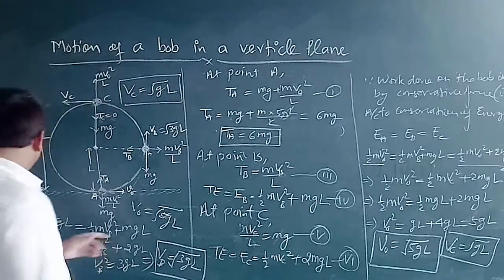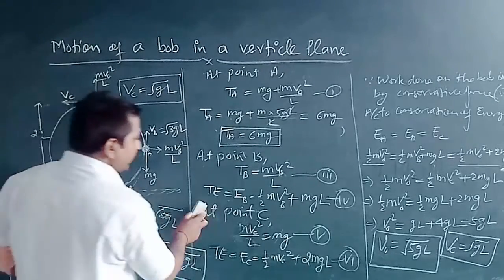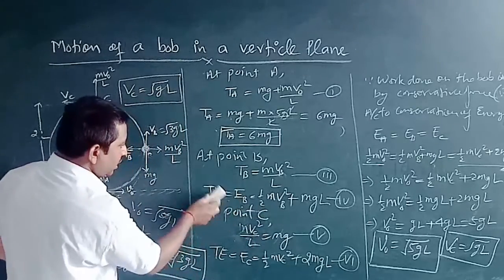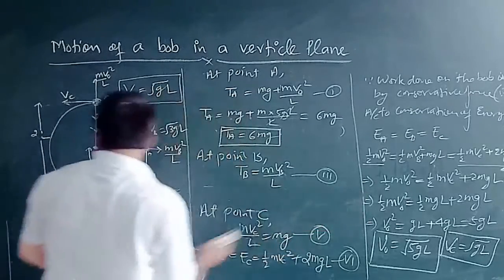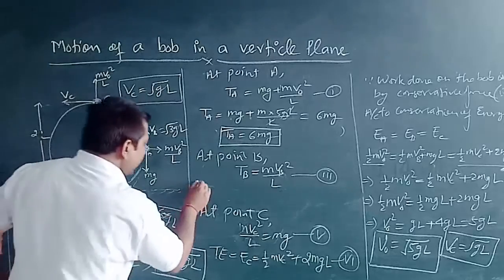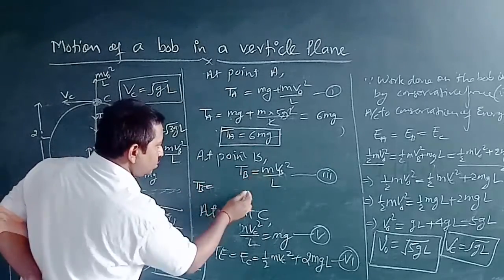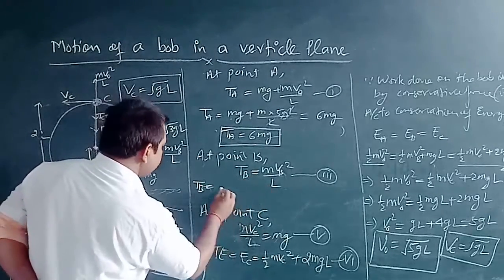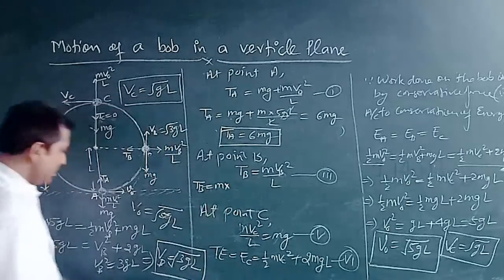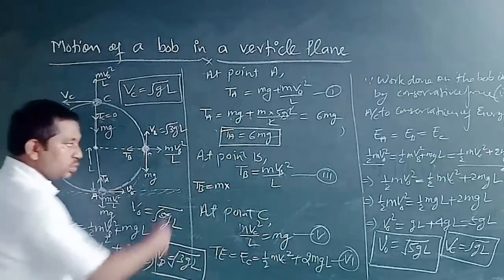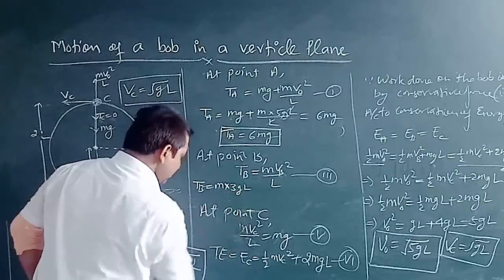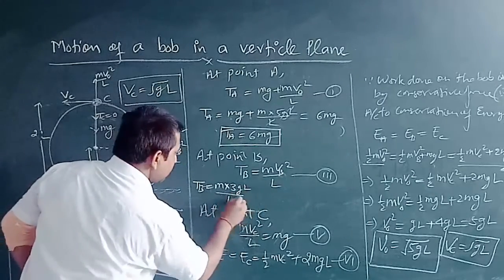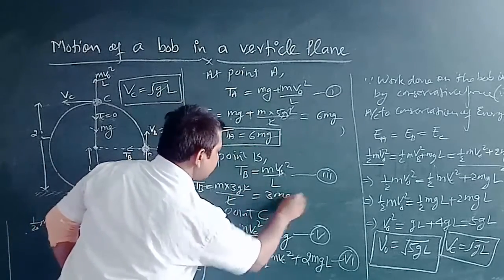Okay, similarly we can also calculate the total tension at point B. So T at B is equal to m into vB square by L. It means m into vB, that is root 3gl, squared, 3gl divided by L. So this becomes 3mg.